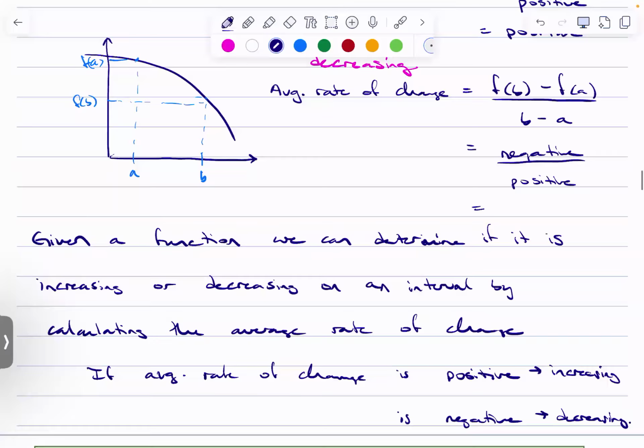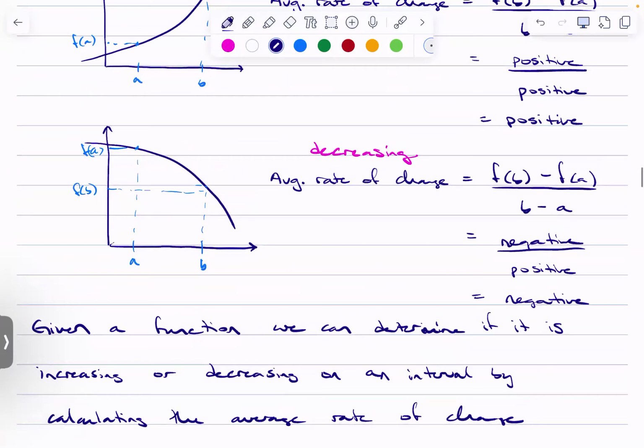A negative over a positive makes a negative. So that's why we can use that rule. And if you have a positive average rate of change, then it's increasing. And if it's negative, then it's decreasing. Luckily, those kind of line up with what you would think intuitively.